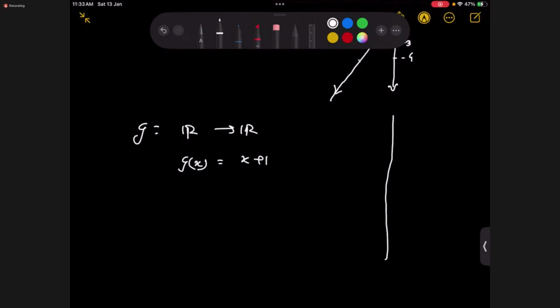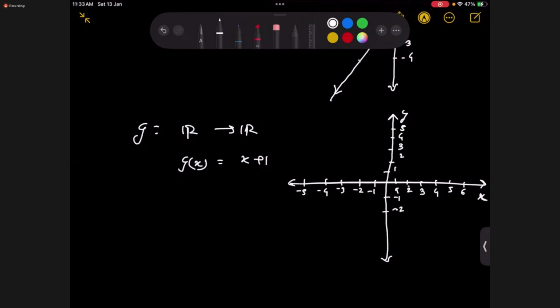Again check this by plotting the graph, with x here and y here.